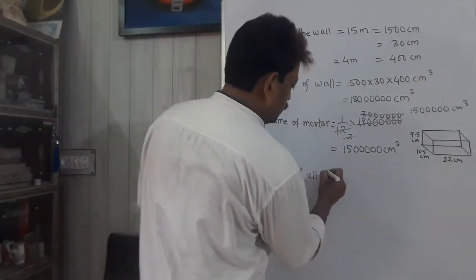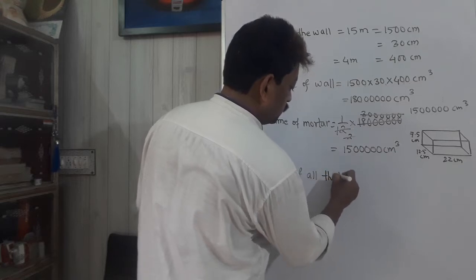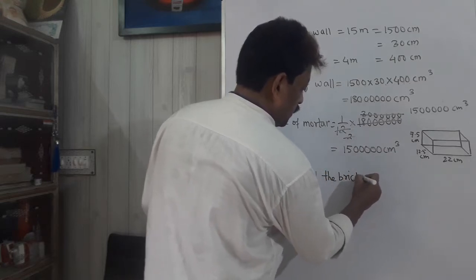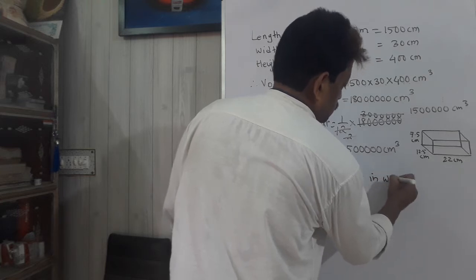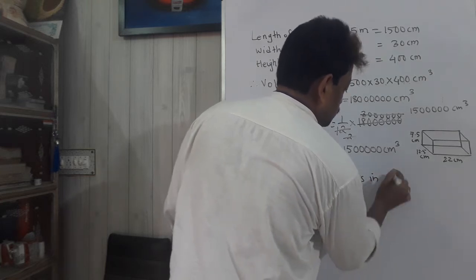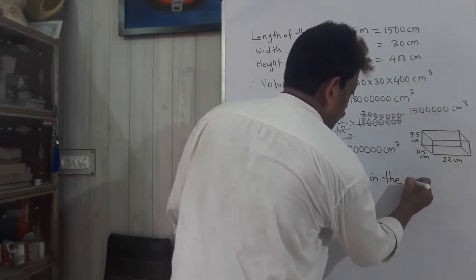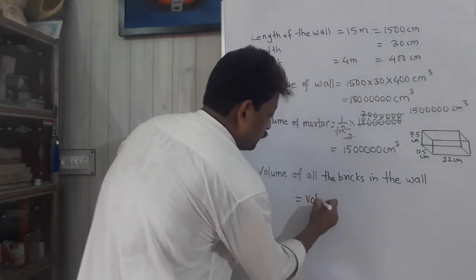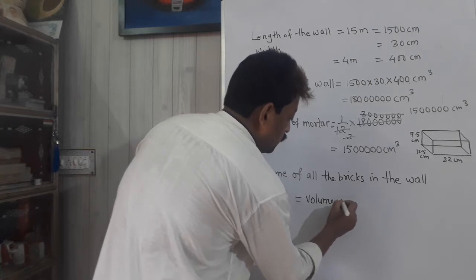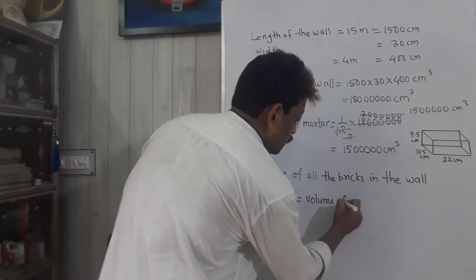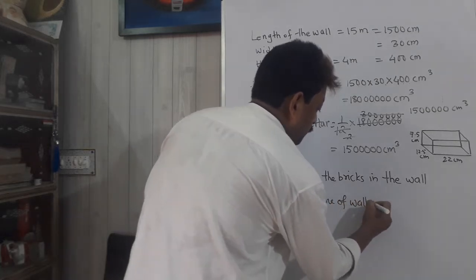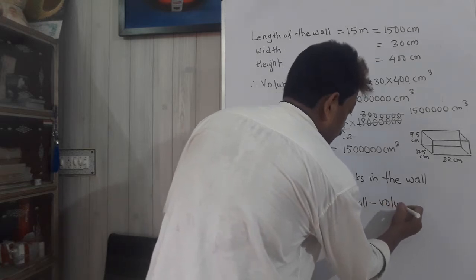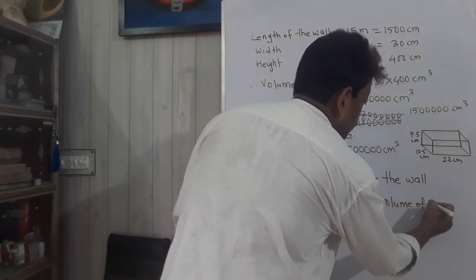So volume of all the bricks in the wall equals volume of wall minus volume of mortar.